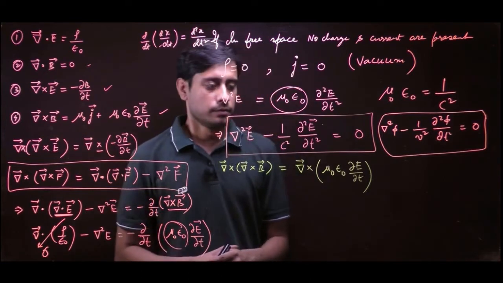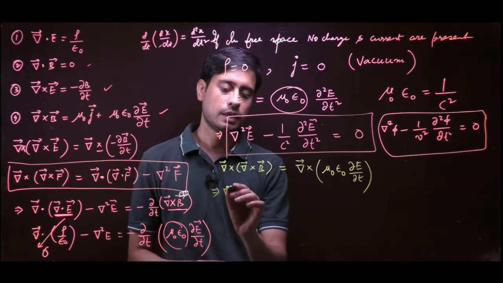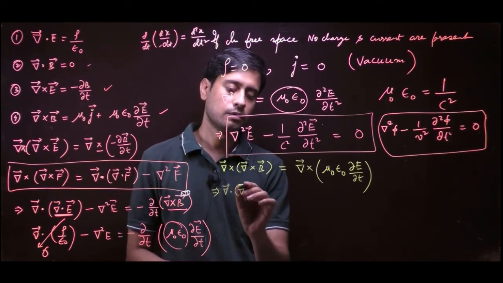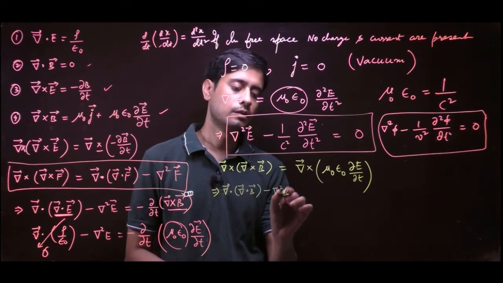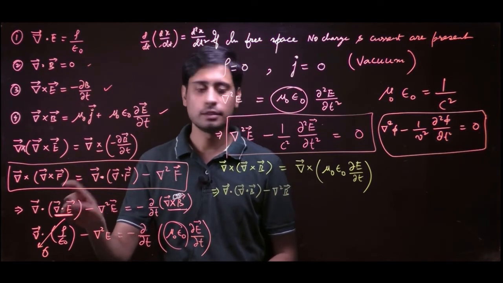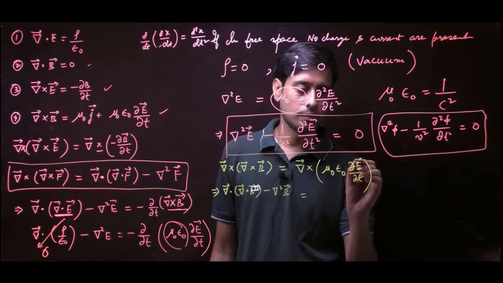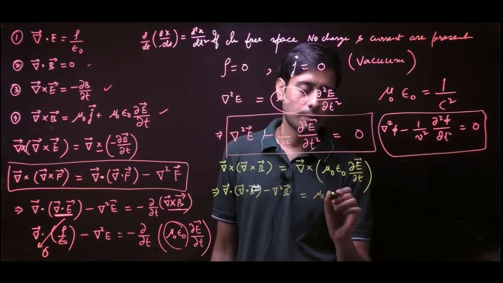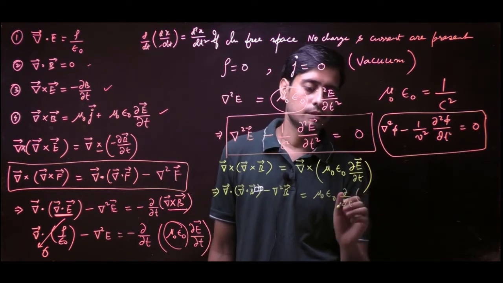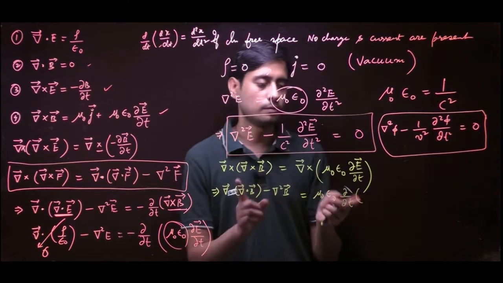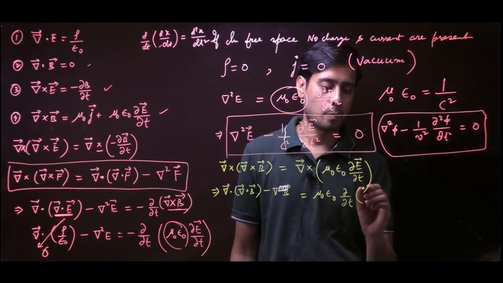Now the left hand side becomes del dot B minus del squared B from our identity, and on the right hand side you have mu naught epsilon naught del by del t, swapping the differentials, since they are commutative.